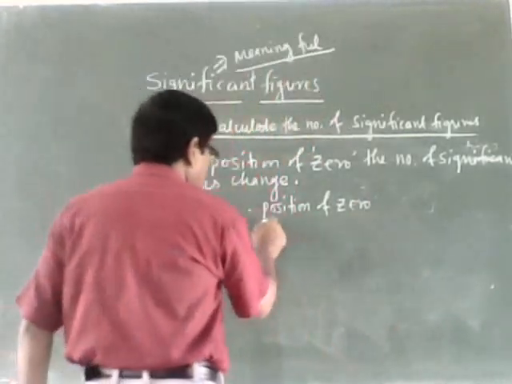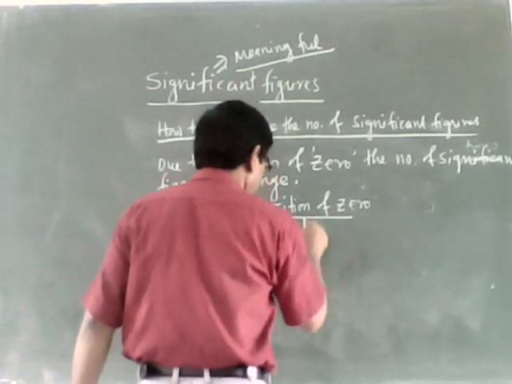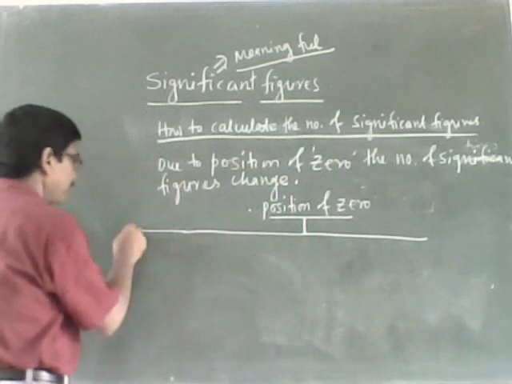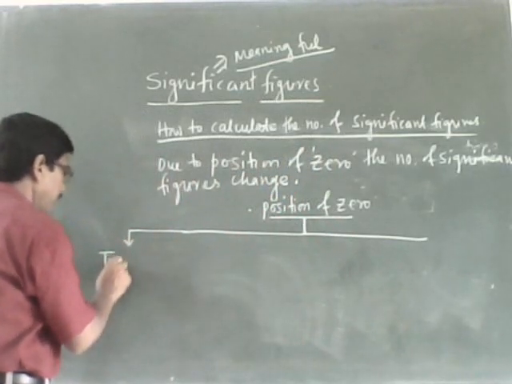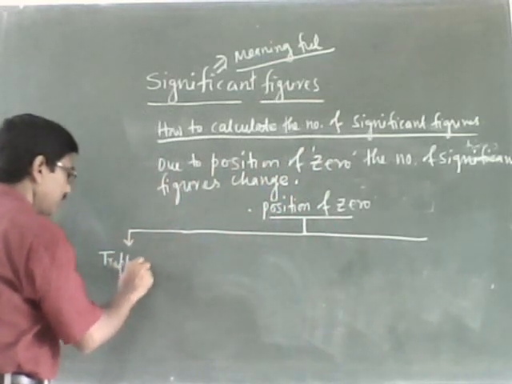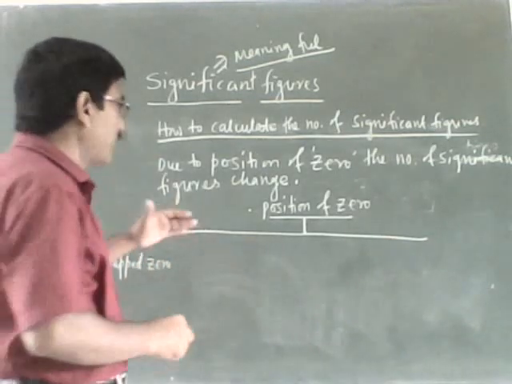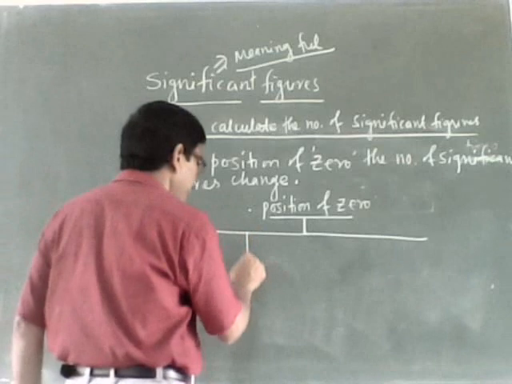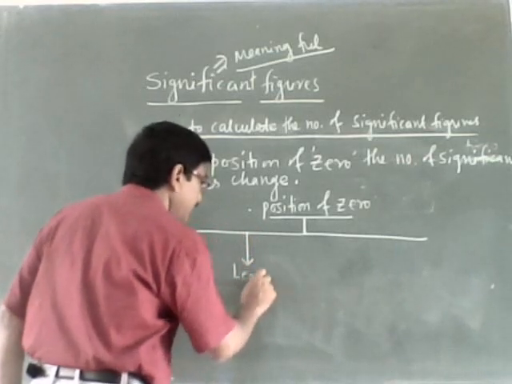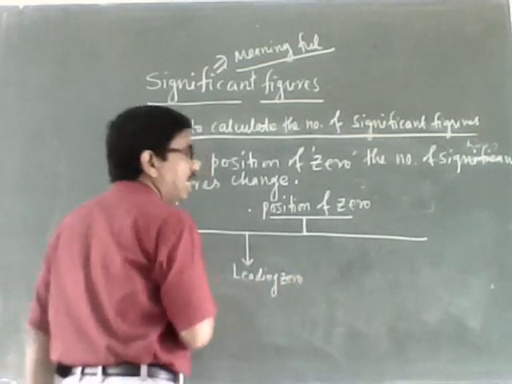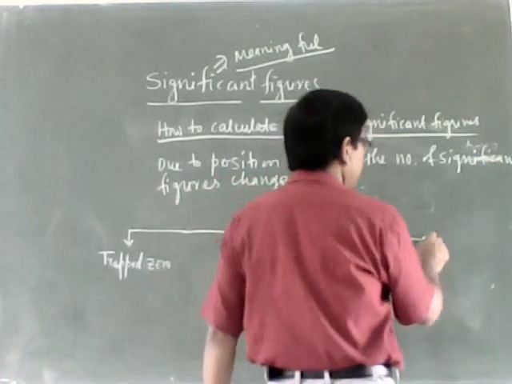So one is called trapped zero, the second is called leading zero, and the last one is trailing zero.